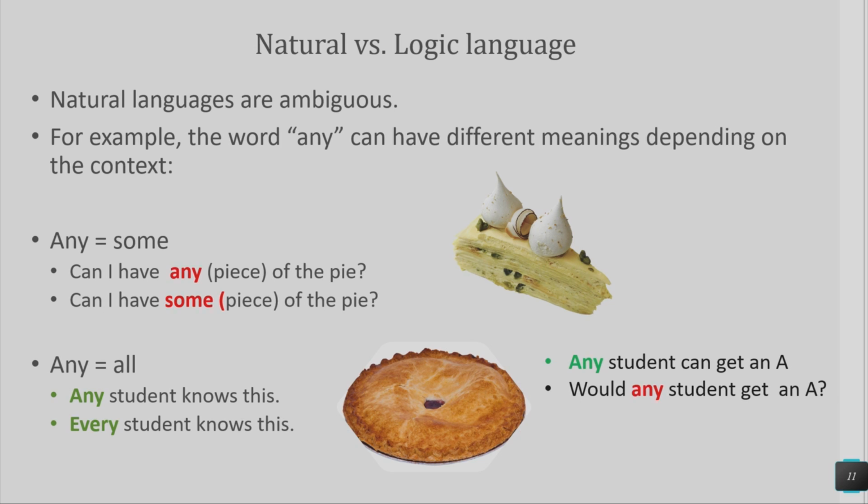So here is another example with the same word. If I say any student can get an A in this course, by any, I mean every single one of you can get an A in this course. If I say, well, would any student get an A in this course? That question is more about, is there at least one student who will get an A?